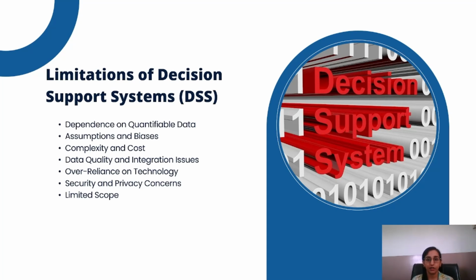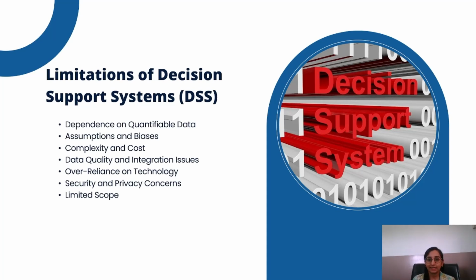Next point we have assumptions and biases. Decision makers may not always be aware of the assumptions that a DSS has made during data analysis. These assumptions can influence the outcomes and recommendations provided by the system. If these assumptions are incorrect or not fully understood, they can lead to misguided decisions.